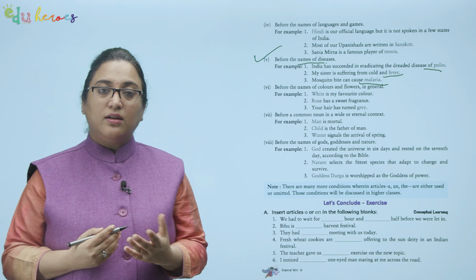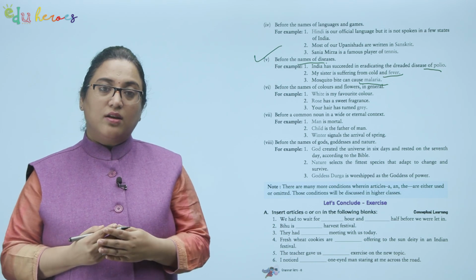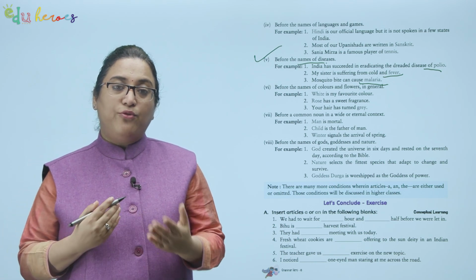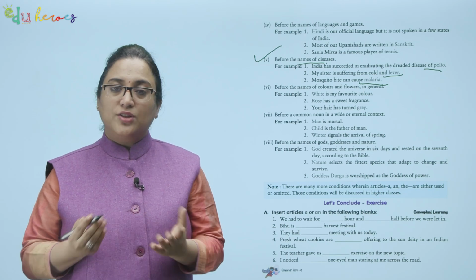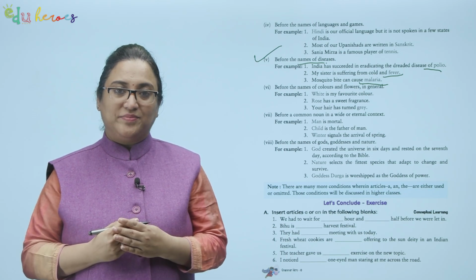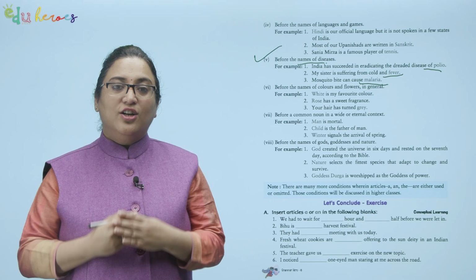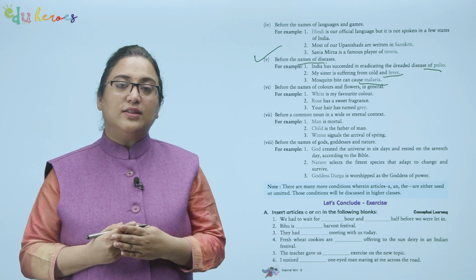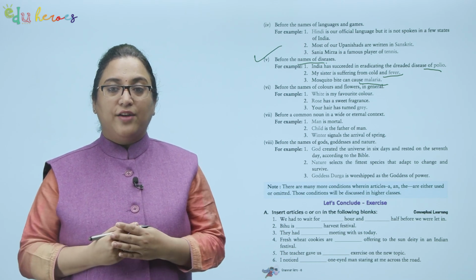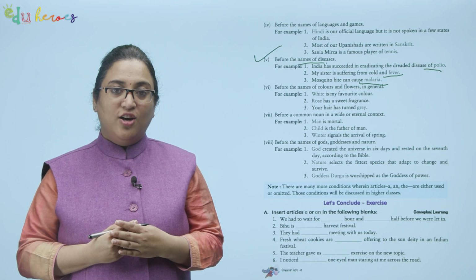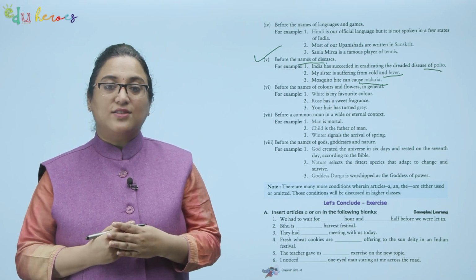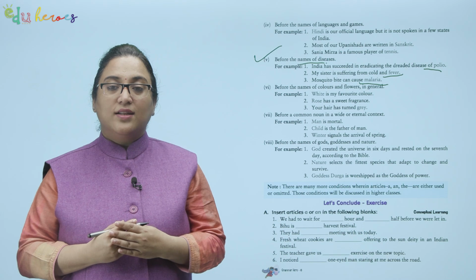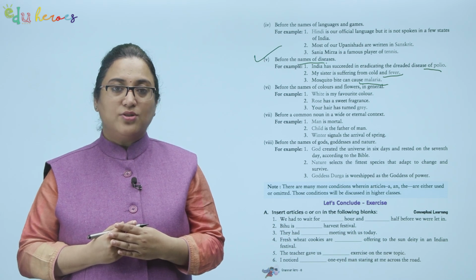Another interesting condition is when before the names of gods, goddesses and nature. We will not require any articles. Like, God created the universe in 6 days and rested on the 7th day according to the Bible. Nature selects the fittest species that adapt to change and survive.